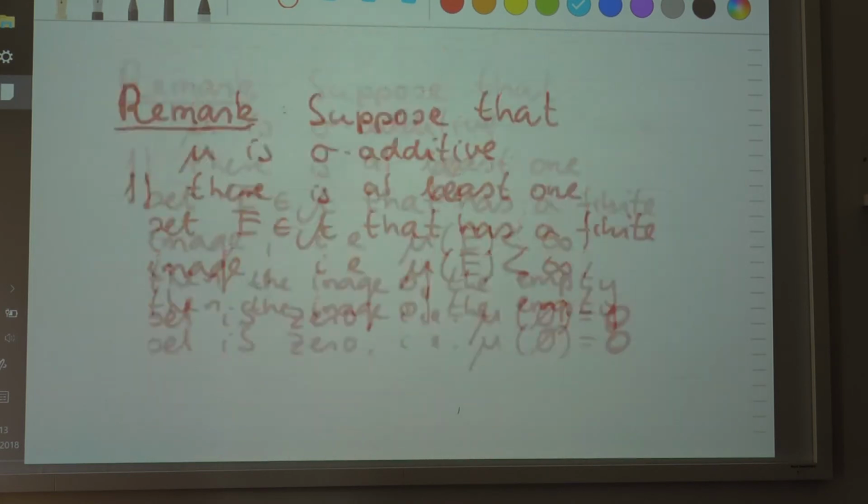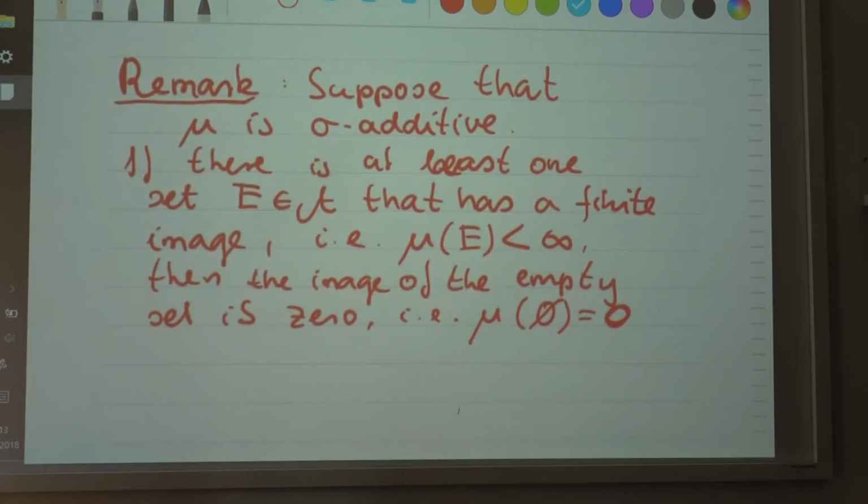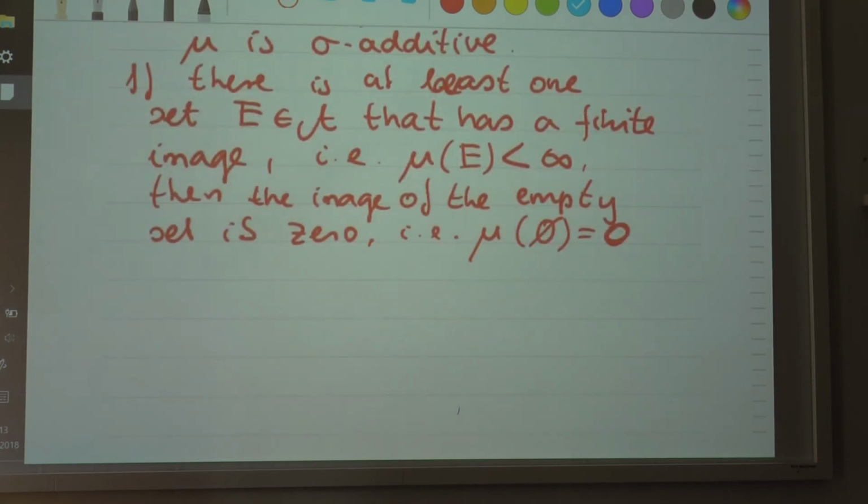Good. Now, why is that statement true? Let's say that you have a finite image. The image of this set is equal to the image of the union of the empty set and E, because the function is sigma-additive. That's quite obvious.